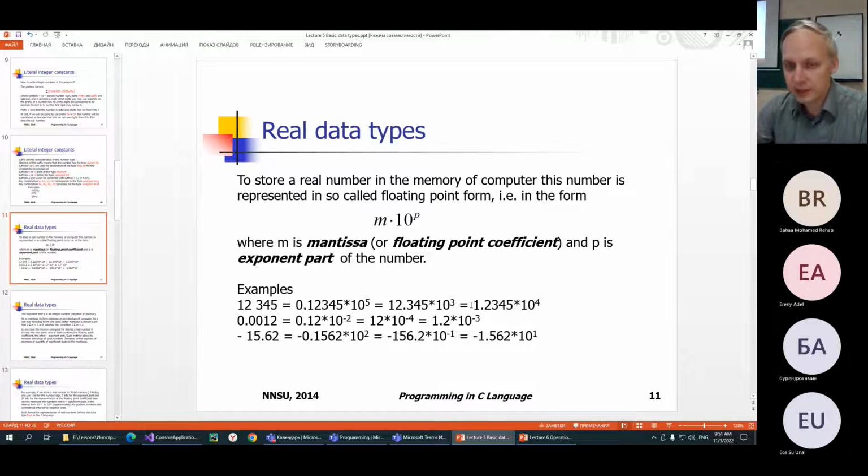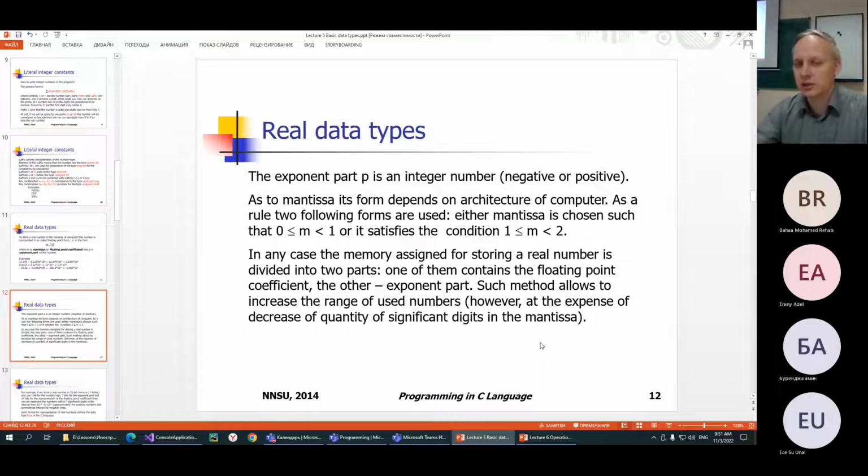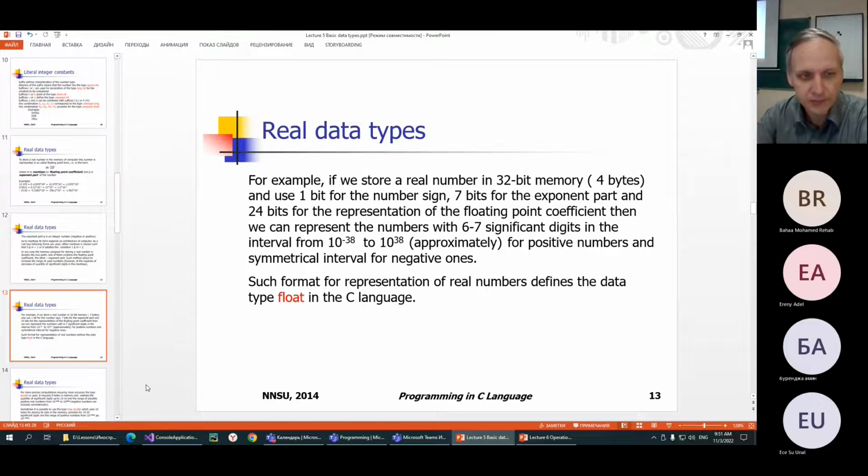So the mantissa and exponent part are all written in binary, and the mantissa is between, for example, 1 and 2. But let's consider all the numbers as decimals.